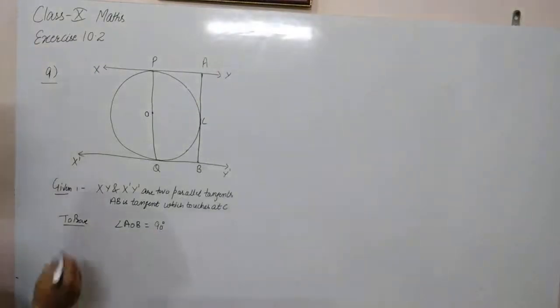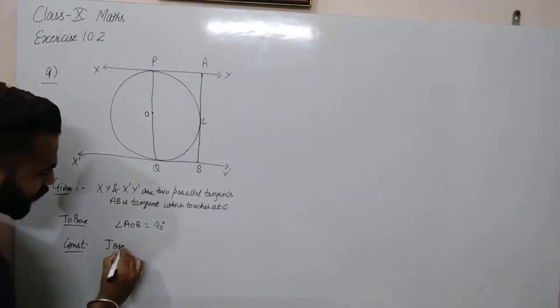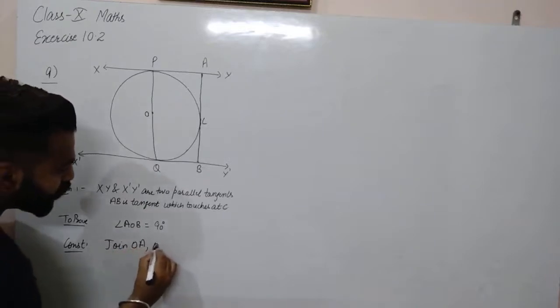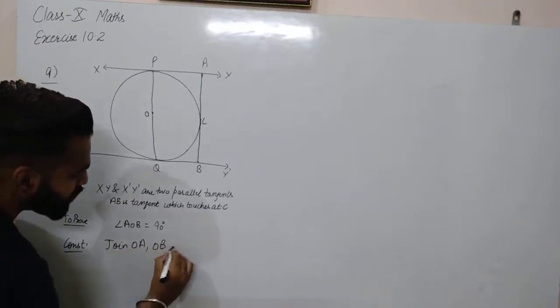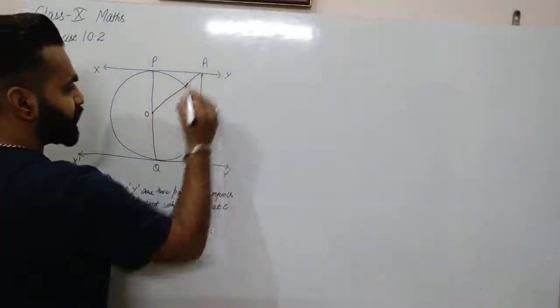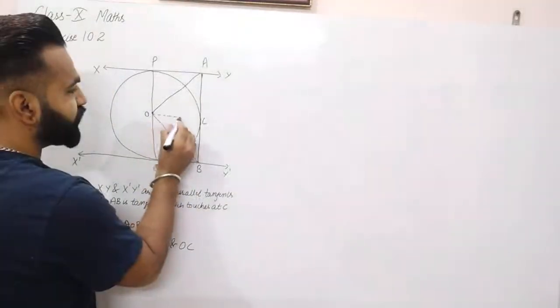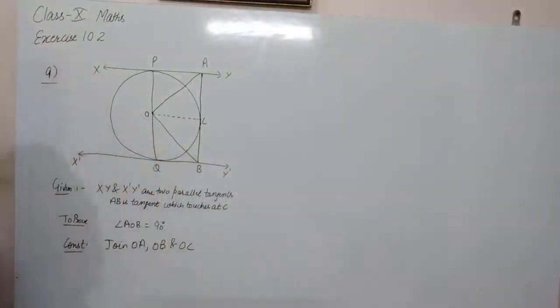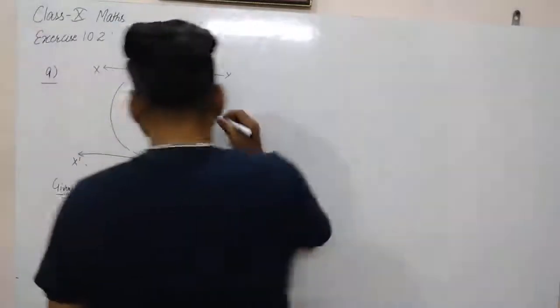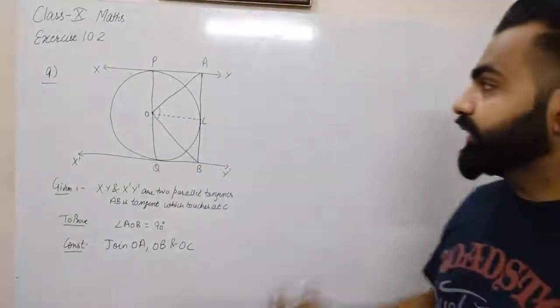To find angle AOB we have to do the construction: join OA, OB and also join OC. Now we have to prove that this angle is equal to 90 degrees.